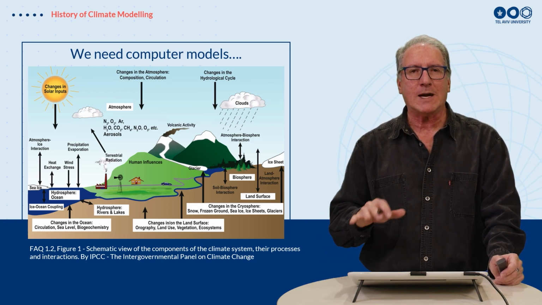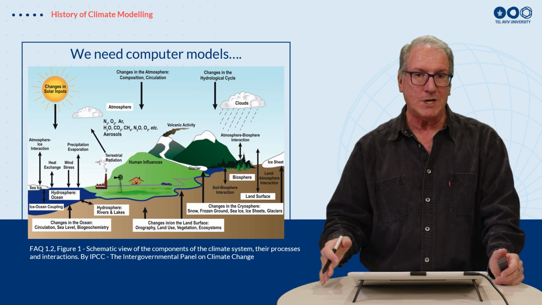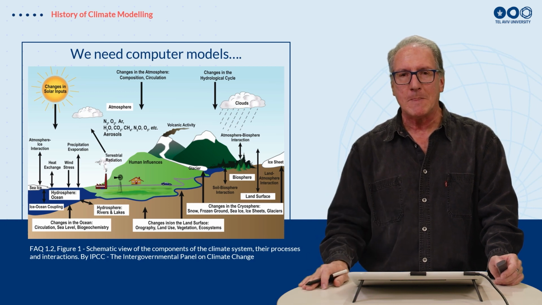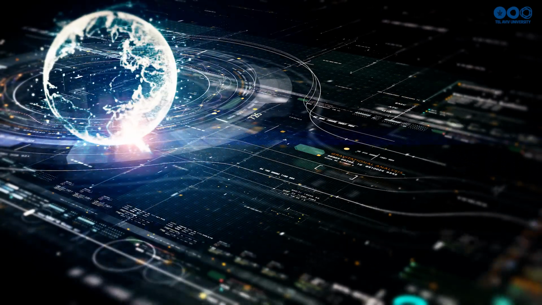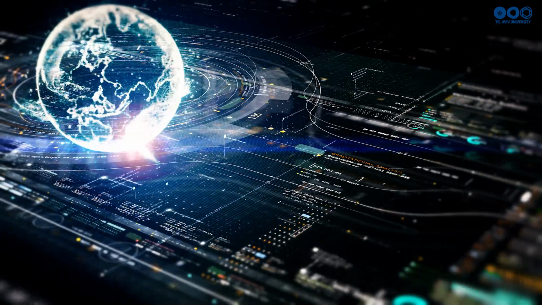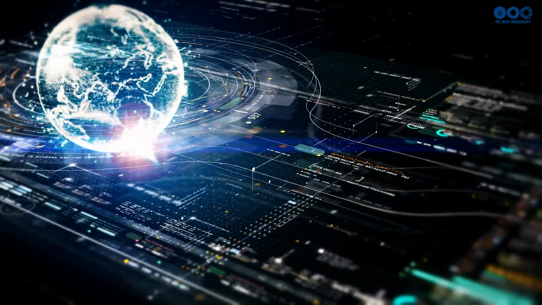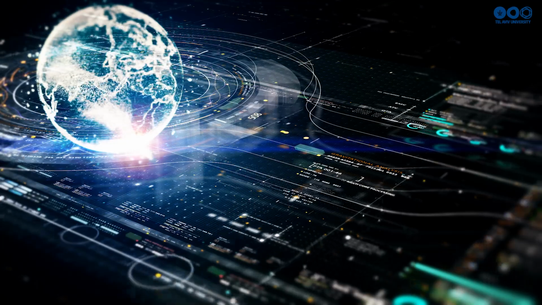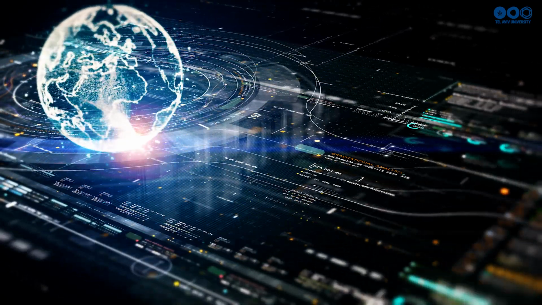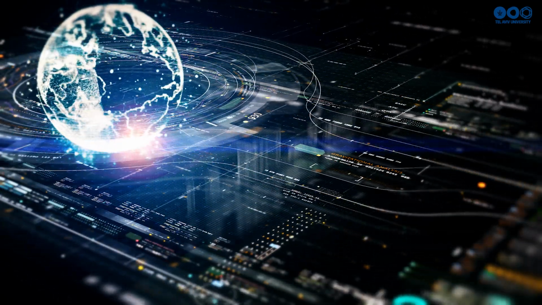All of these factors we see in this image and more need to be simulated in models, which means we have to write code to explain them. We need to write the physical equations, chemical equations. Everything has to be put into code, into a computer, and run in order to try to simulate the climate.